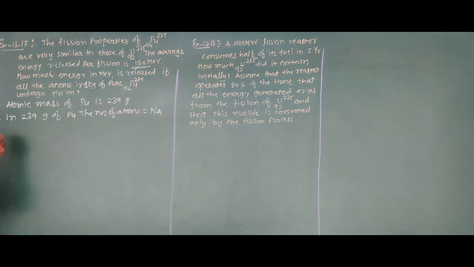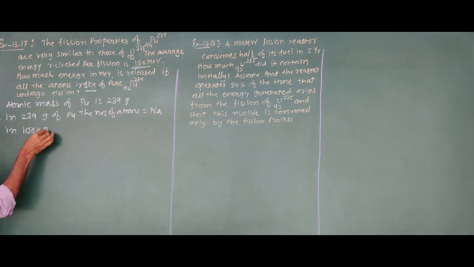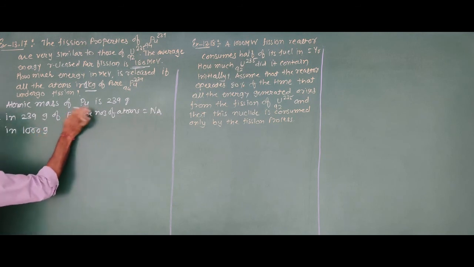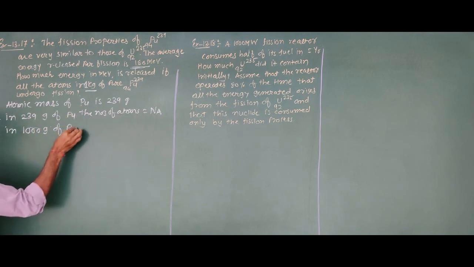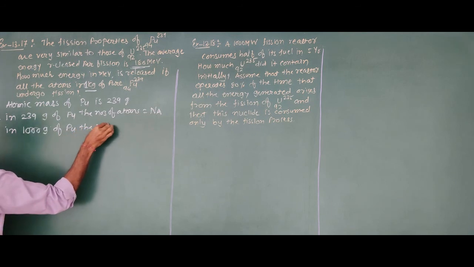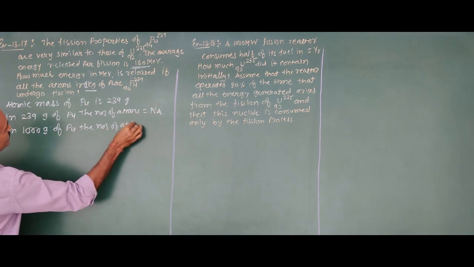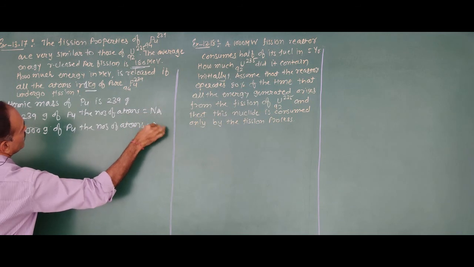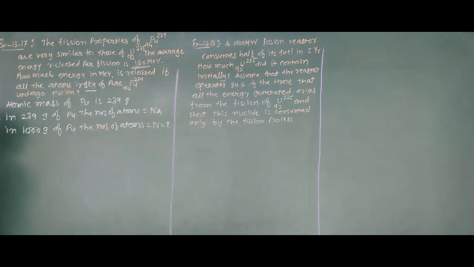Therefore, in 1 kg, that means 1000 gram of plutonium, the number of atoms is equal to n, we have to find out.